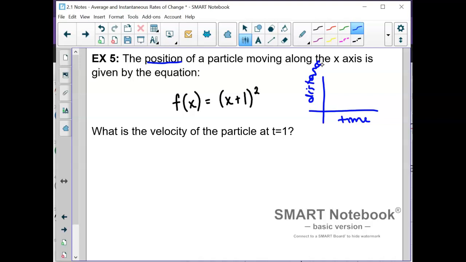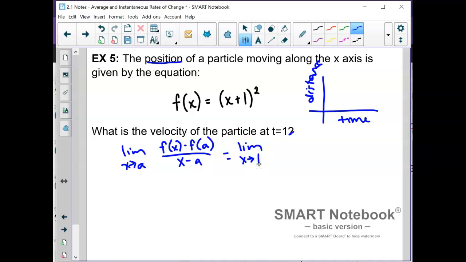We're going to use the limit definition of a derivative. So again, I'm going to write it down just so we've got it. Limit as x approaches a of f of x minus f of a over x minus a. And here our a is 1. So we will be doing the limit as x approaches 1.